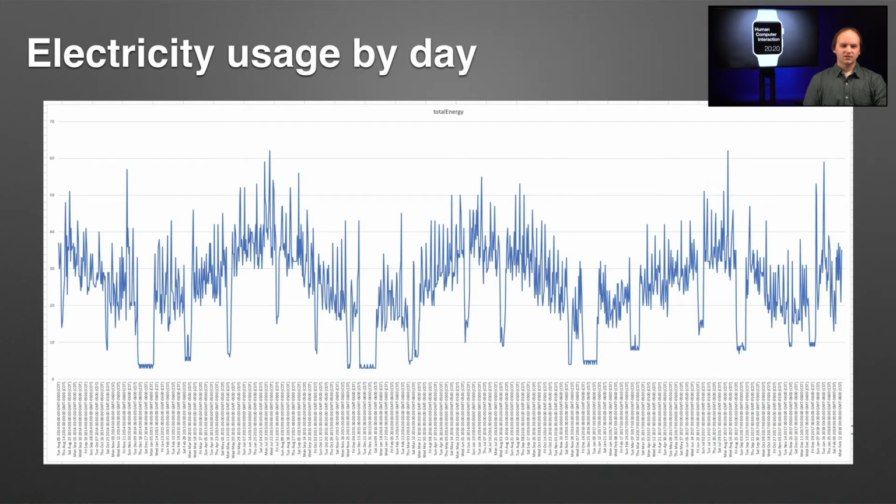This is just data from the company that does my utilities here in Starkville. They have a web interface that you can export this kind of data from. So you can see on a daily basis how many kilowatt hours you used.